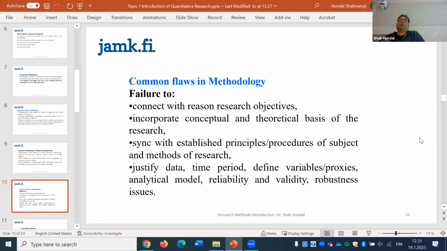So be very particular that you take data which is in sync with, in alignment with, your research objectives. Justify the data, for example the time period.